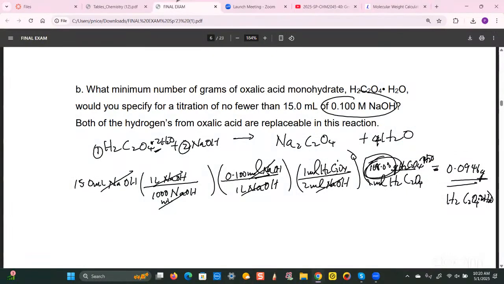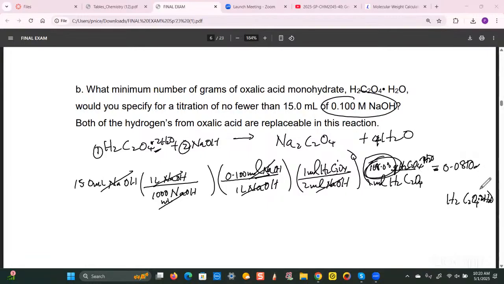Okay, so let me redo this. 15 divided by 1000 times 0.1 divided by 2 times 108.05, and that is equal to, according to my calculations, 0.0810.